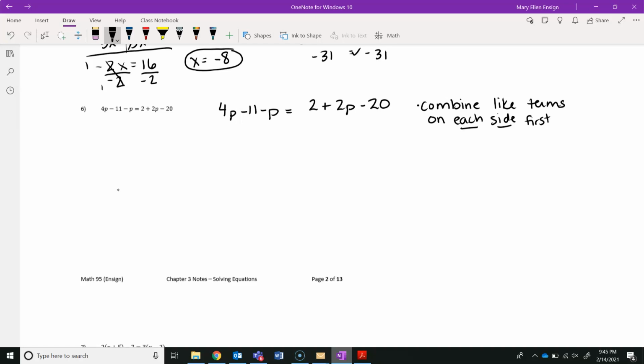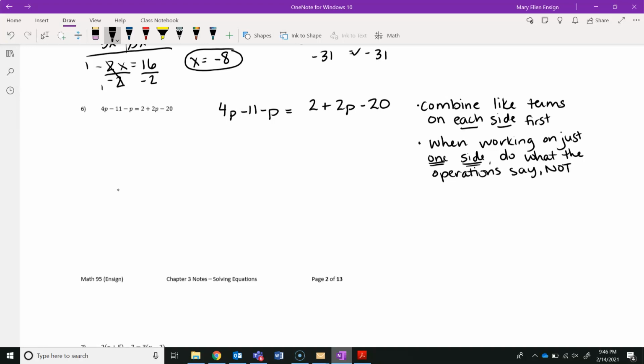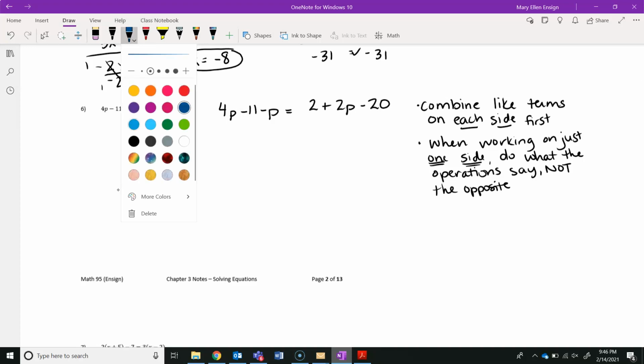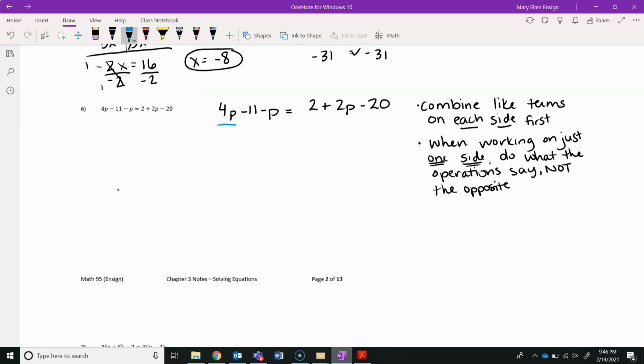But when I am doing something on one side, so when working on just one side, do what the operations say. Not the opposite. Okay?